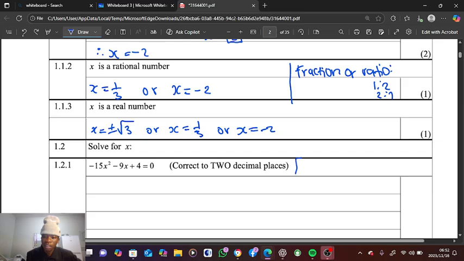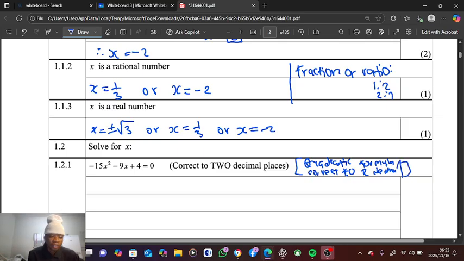By this they mean you should use the quadratic formula, and then you must round to two decimal places.